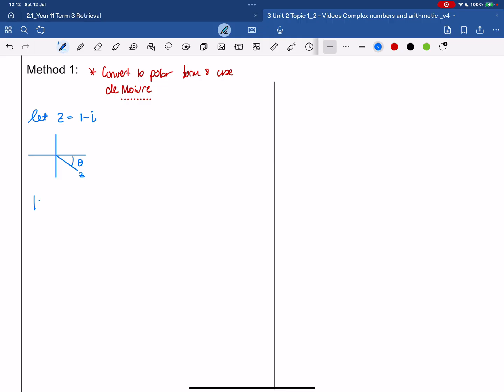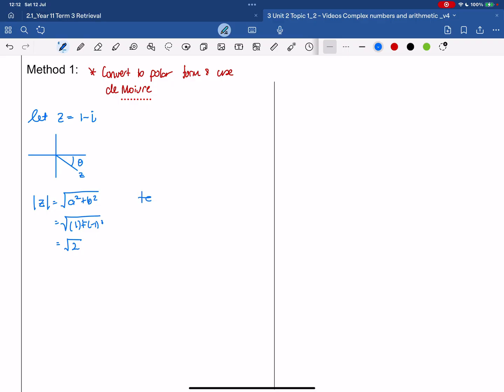My modulus of z is going to be the square root of a squared plus b squared, which will be the square root of 1 squared plus negative 1 squared, and that's going to be square root of 2. And I need to get my angle, and be careful, we know that this is in the fourth quadrant, and that means before my principal argument I'm going to have a negative angle.